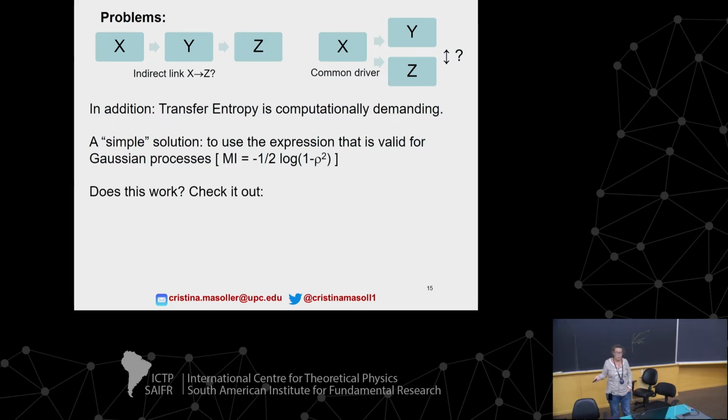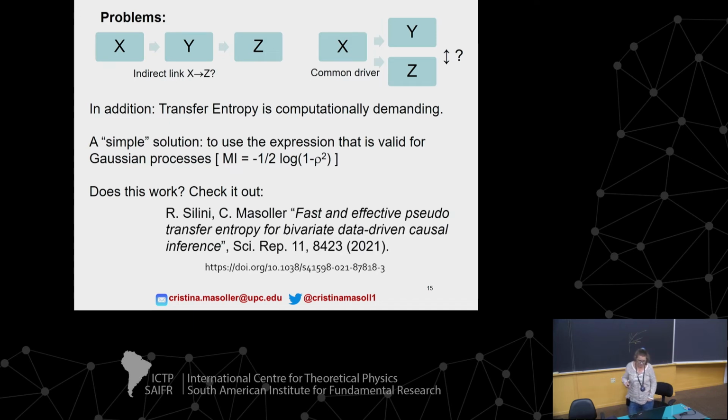But we can use it anyway. We can use it even if the process is not Gaussian. So this is a simplification of the expression. But if we use this simplification, here we do not have to compute any probability. We need to calculate cross correlations. Cross correlations are easy, much faster to calculate than the probabilities.